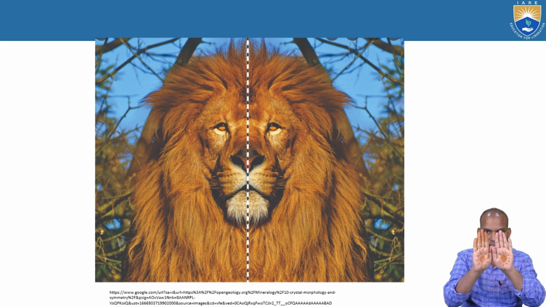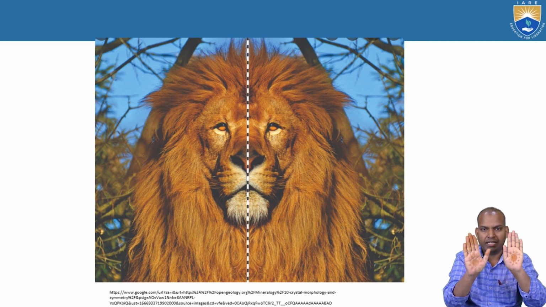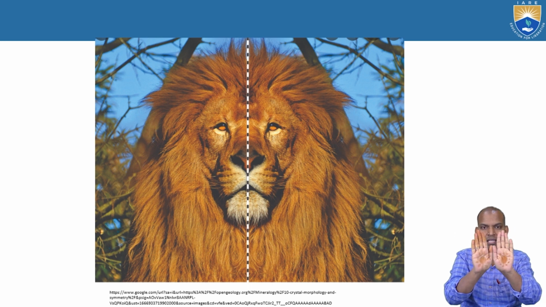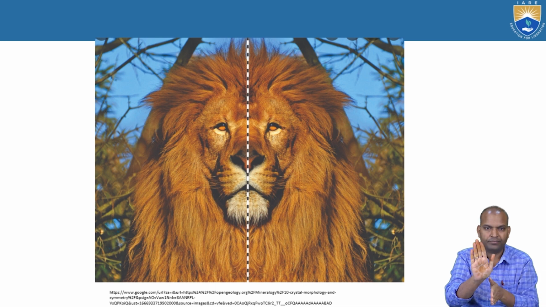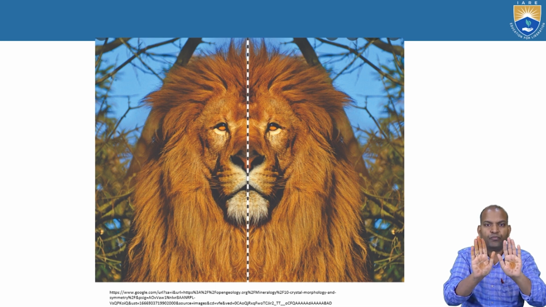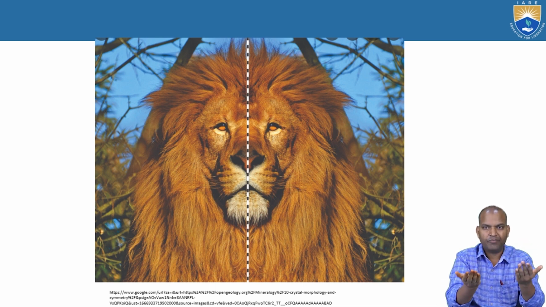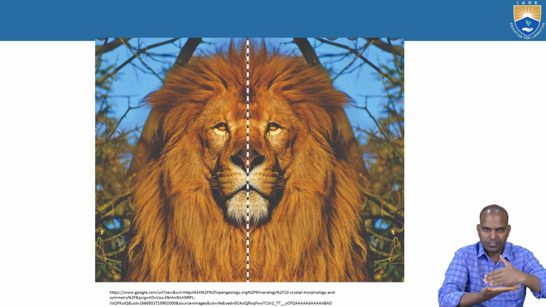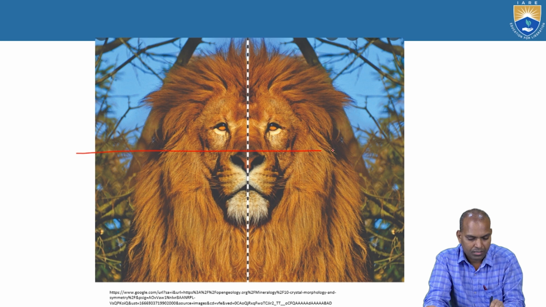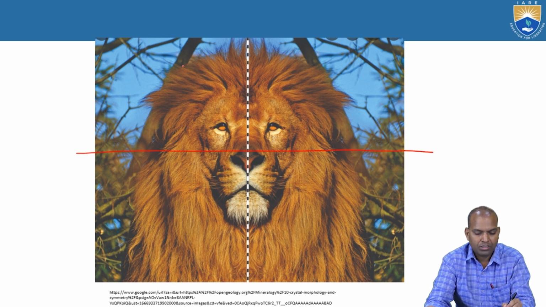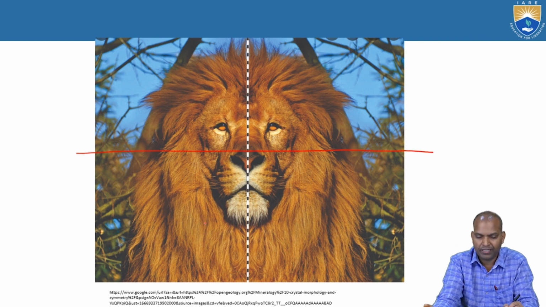If you see both sides are the same, the left side and the right side, that means it is symmetrical about the vertical axis, that is the y-axis. Similarly, if you fold it horizontally, can you find that the upper part and the lower part have the same geometry?